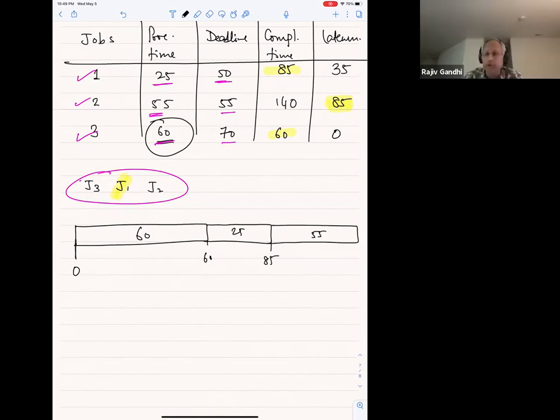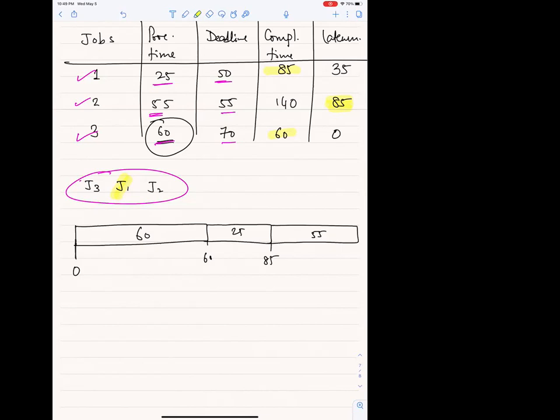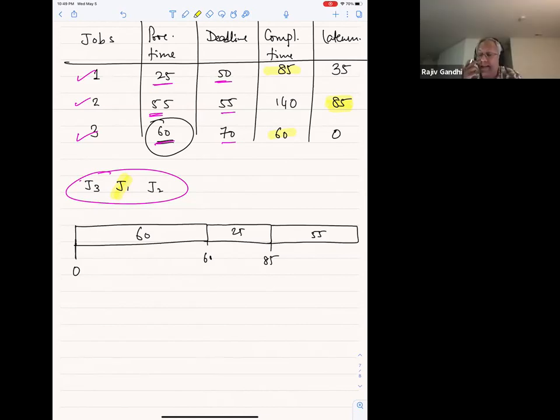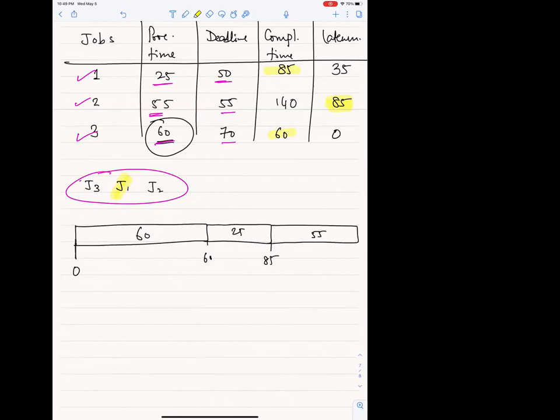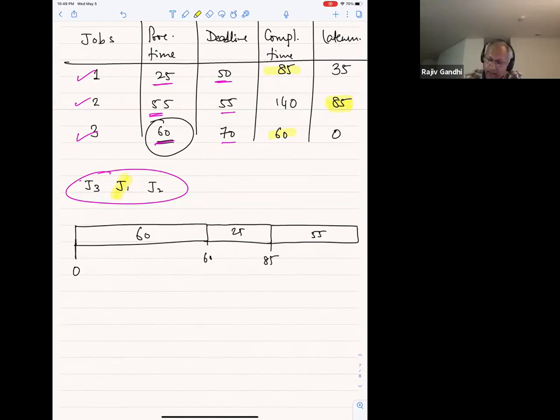Good, right? Okay, now what is the lateness of job 3? The lateness of job 3 is the completion time minus the deadline. But it's negative, so we put 0. Very good. What is the lateness of job 1?